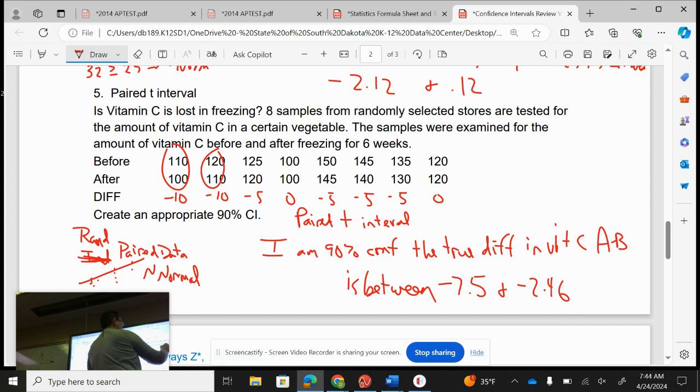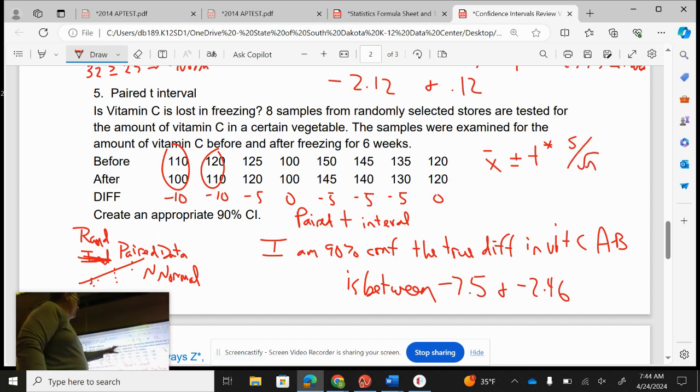Now, of course, this one would be X bar plus or minus T star times S over the square root of N. In terms of T star, we have 8, so you'd look up degrees of freedom 6 on your sheet to figure out T star if you have to fill that in.